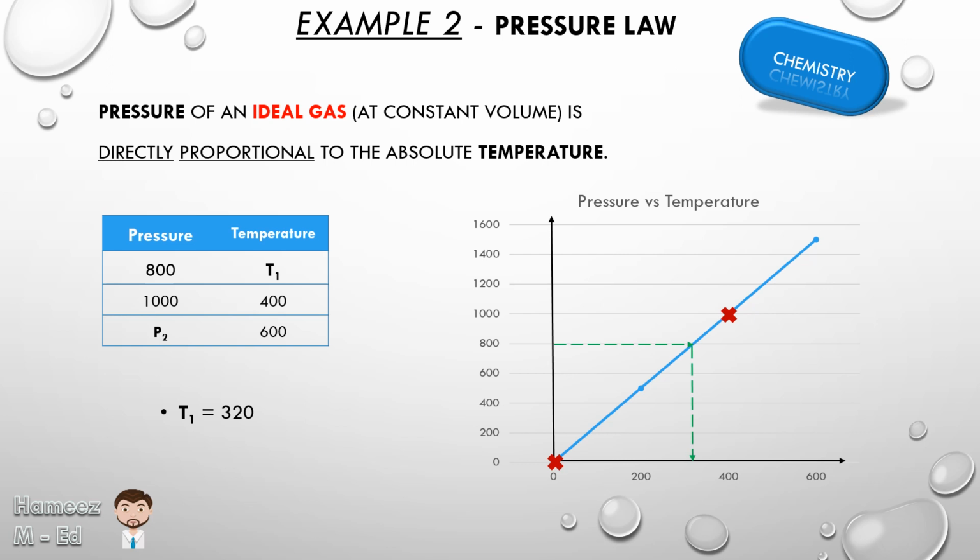So we go on the temperature axis, which is the x-axis, and draw a line of 600 straight up until it hits our blue line, and then we go across horizontally to hit our pressure axis, our y-axis, and that tells us that the pressure there is equal to 1500.